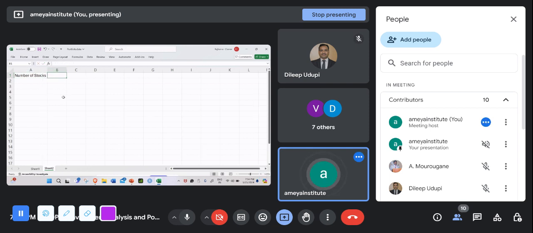How many stocks we have? 10 stocks. Yes, in total we have 10 stocks, right? So please write down in sheet 2, 10 stocks.